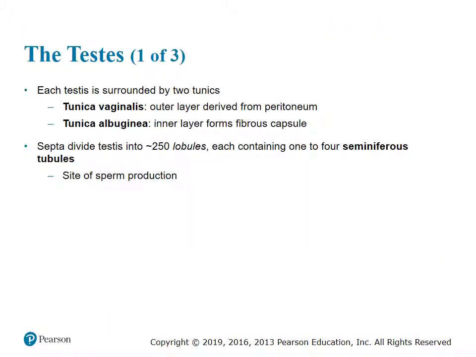Okay, so when we're looking internally into the testes, each testis actually has two layers of what we call tunics. And if you recall, a tunic is a layer, right? We use this word when we describe blood vessels, because there are 3 different types of tunics of a blood vessel. And so they use this word to describe these 2 layers in the testis.